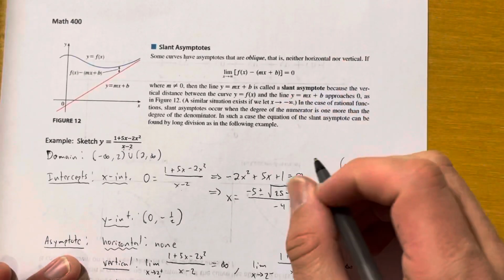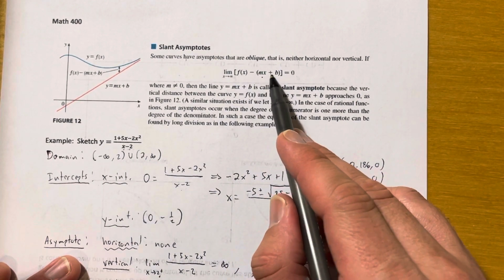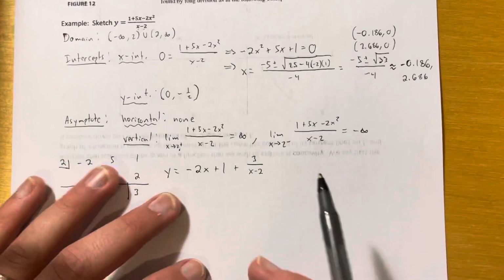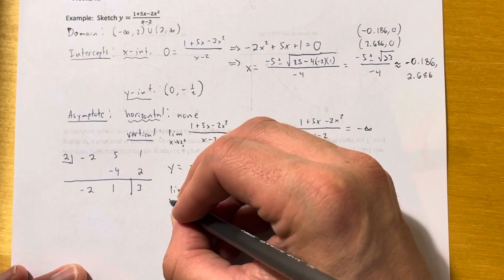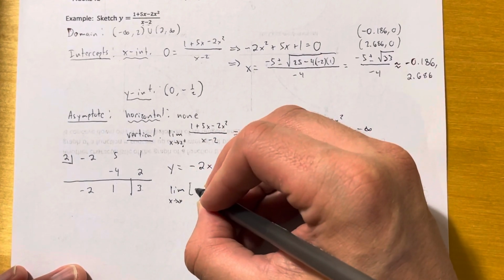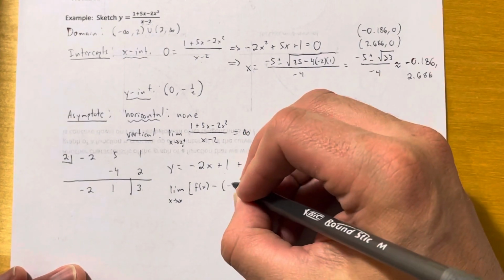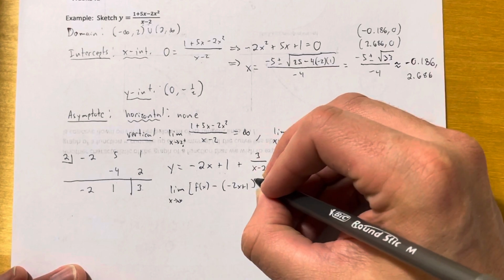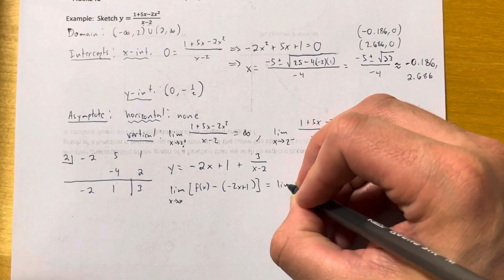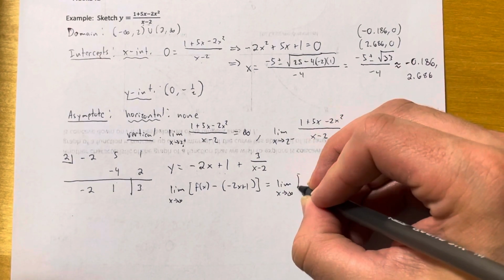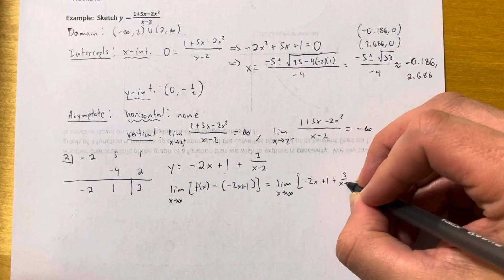Again, we want to look at the limit as x approaches infinity of f of x minus mx plus b, where mx plus b is the thing that we think is our slant asymptote. That would be this guy, -2x plus 1. We just determined that f of x is equal to -2x plus 1 plus 3 over x minus 2.